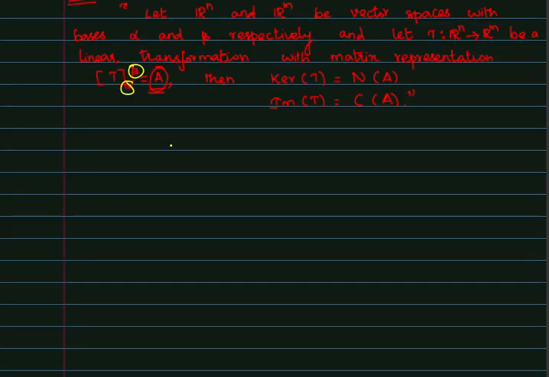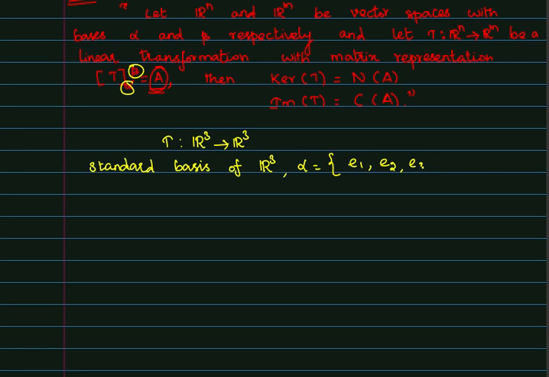Our T is from R3 to R3 only, correct? So we use the standard basis as alpha and beta. The standard basis of R3, I will take as E1, E2, E3.